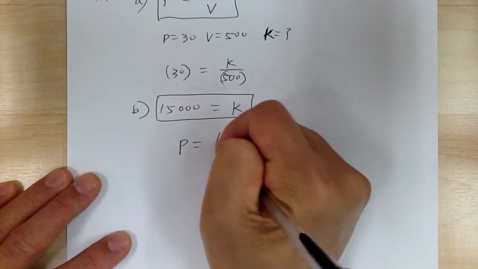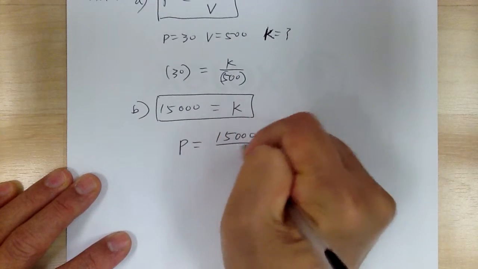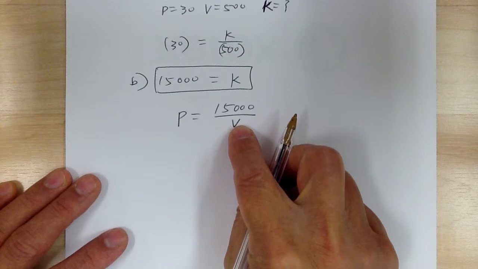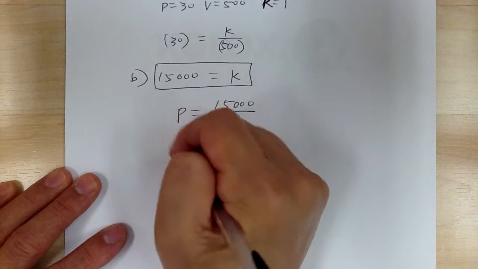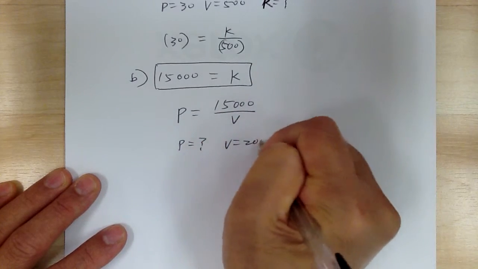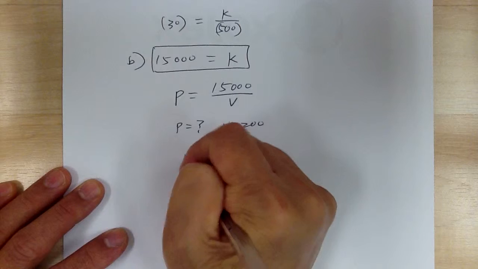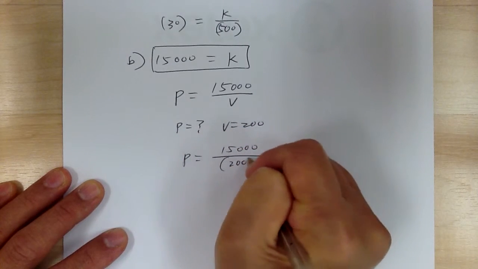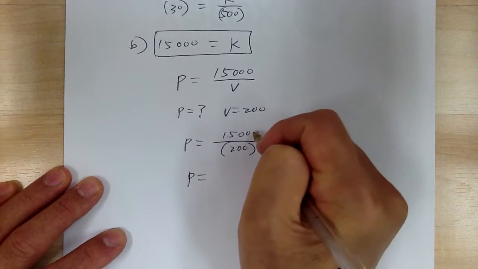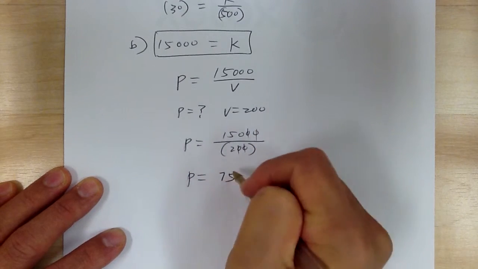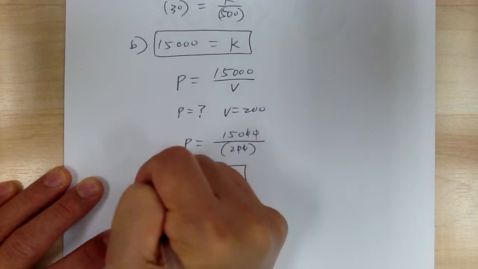So P equal to 15,000 over V. So update your equation right away. Then after that, you can go ahead and do the next part. It says find P when V equal to 200. So you substitute. So P equal, then you can cancel all the zeros and then divide, so you get 75. And that's the answer for part C.